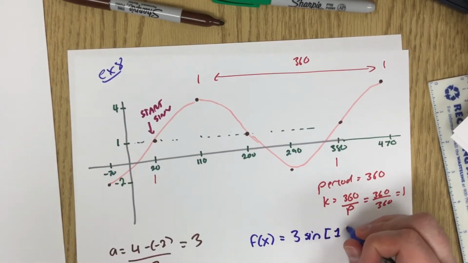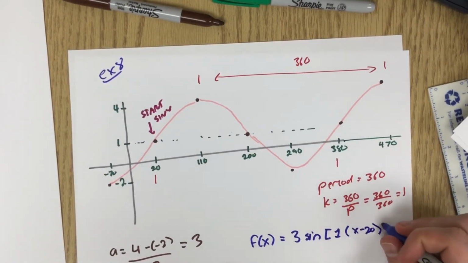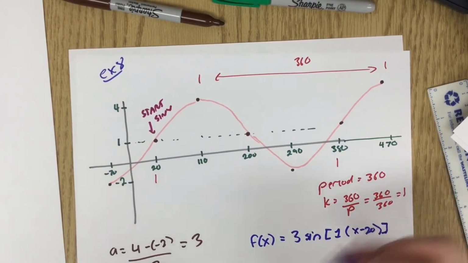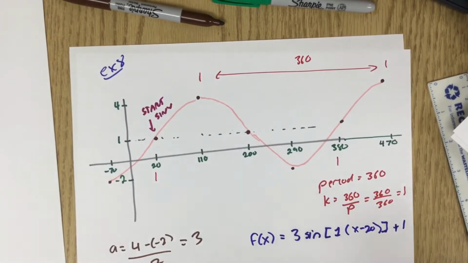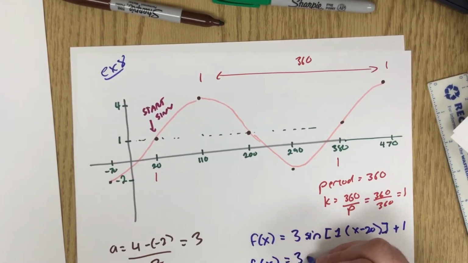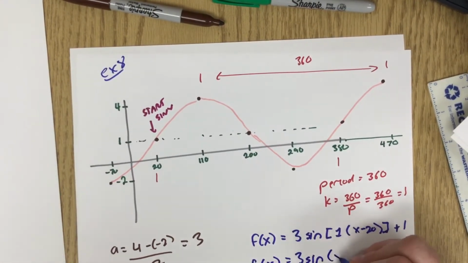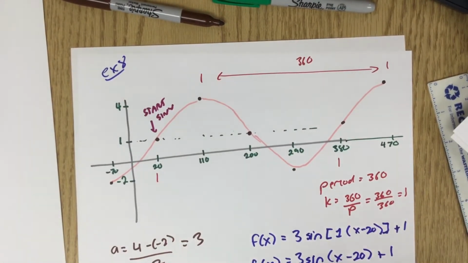And so the answer, putting all that together, would be f of x equals 3 sine, and the k value is 1. We've moved right 20, and then we've gone plus 1. Now generally when k is 1 we don't write it. So the way we would actually write this, it would be 3 sine of x minus 20, plus 1.